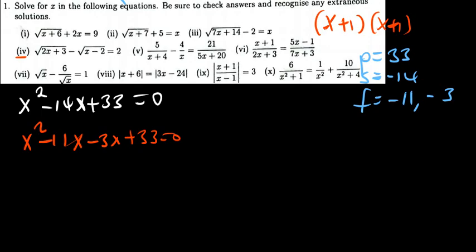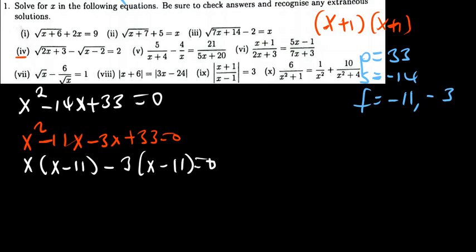Let's factor out x. x open brackets, I'll remain with x minus 11. Here I can factor out 3. I'll remain with x, then since this is negative, negative 11 is equal to 0.